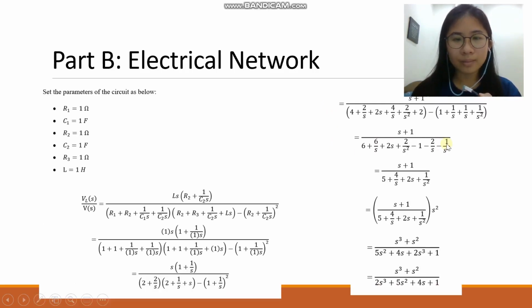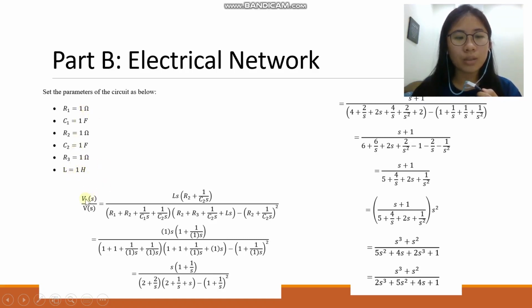The parameters of the circuit are set as below: resistor 1 equal to 1 ohm, capacitor 1 equal to 1 farad, resistor 2 equal to 1 ohm, capacitor 2 equal to 1 farad, resistor 3 equal to 1 ohm, and lastly inductor equal to 1 Henry.